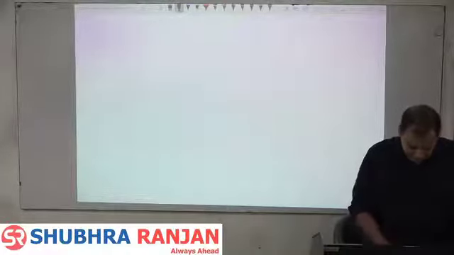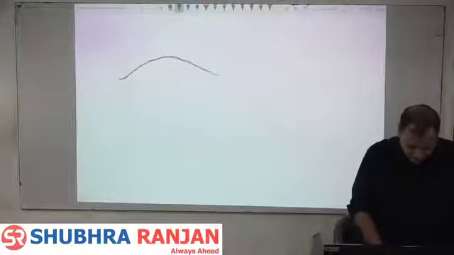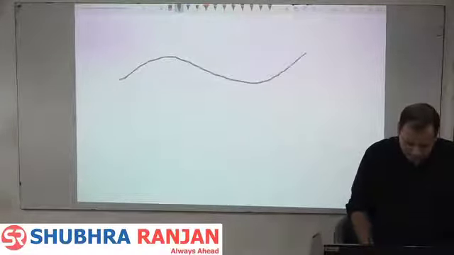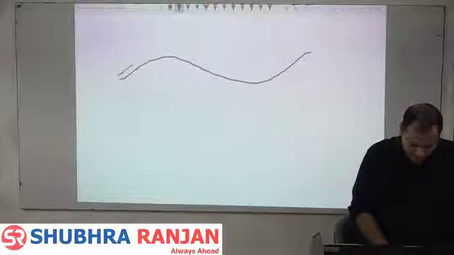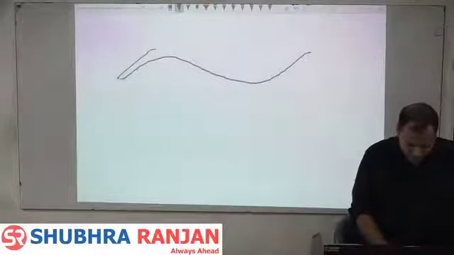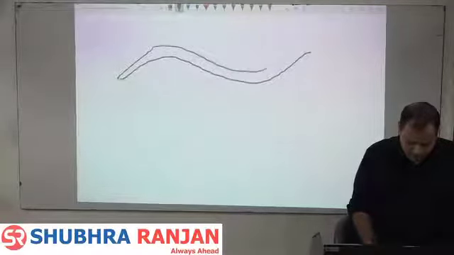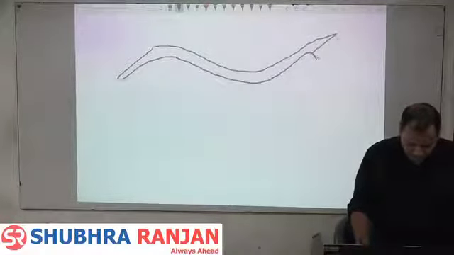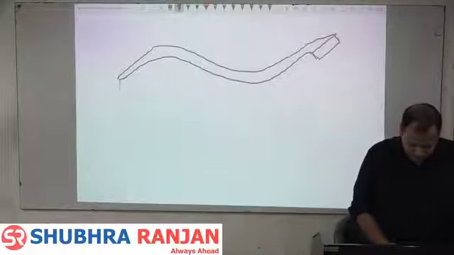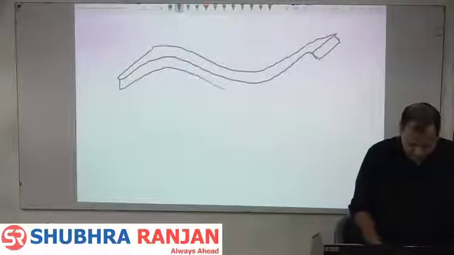Meandering jet stream produces ridge and trough, T-R-O-U-G-H, trough, in the upper atmosphere.